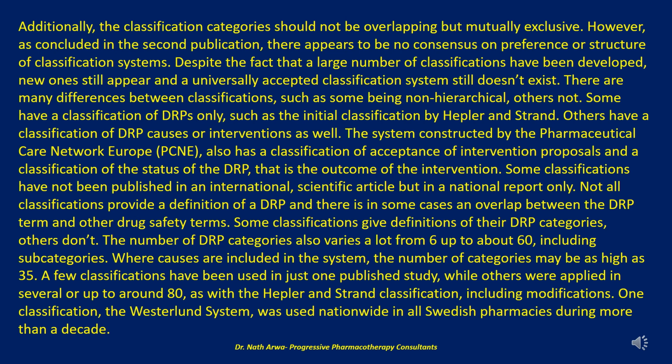Where causes are included in the system, the number of categories may be as high as 35. A few classifications have been used in just one published study, while others were applied in several or up to around 80, as with the Hepler and Strand classification, including modifications. One classification, the Westerlund system, was used nationwide in all Swedish pharmacies during more than a decade.